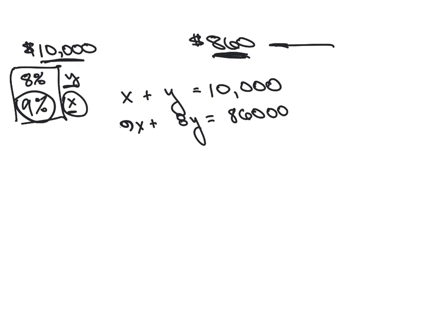Okay, so got a couple options here when I do this. I can make this a minus 9x or this a minus 8x. Doesn't really matter. So if I'm going to get rid of my x's, let's say that I want to multiply that top by a negative 9. And that gives me, let's put the equation down here, we'll rewrite it all.